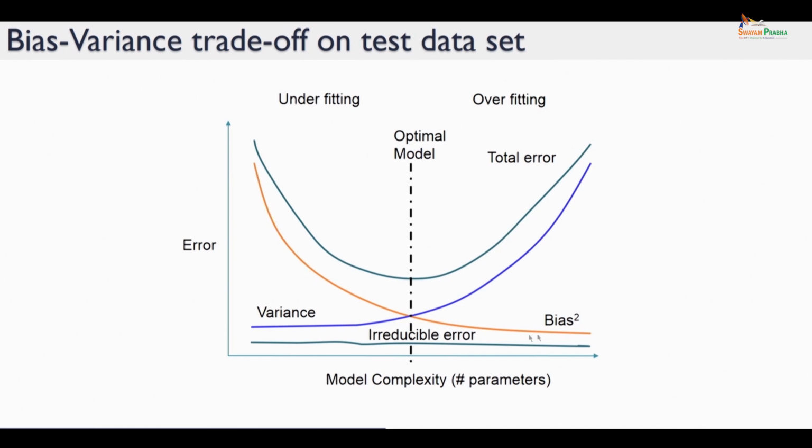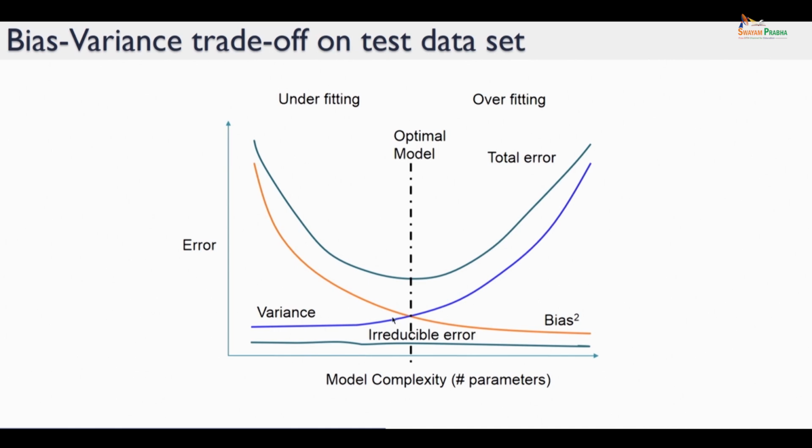Typically there are two measures for determining the quality of the model. One is called the bias in your prediction error, and if you increase the number of parameters of the model, the squared bias term will start decreasing. However, the variability in your model predictions will start increasing as you increase the model complexity.